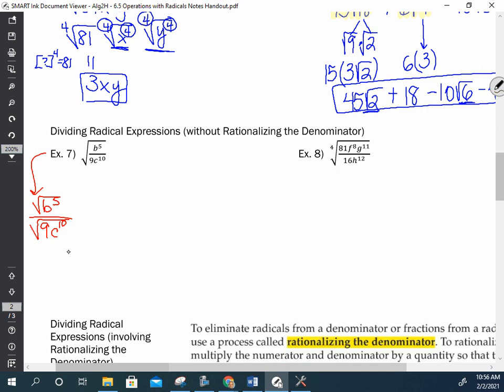Remember, if it's square root, it's understood 2 out in front. That's b, 5 divided by 2. So 2 goes into 5 twice. And your remainder goes back inside. So the numerator is taken care of.